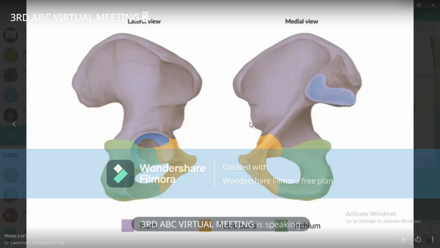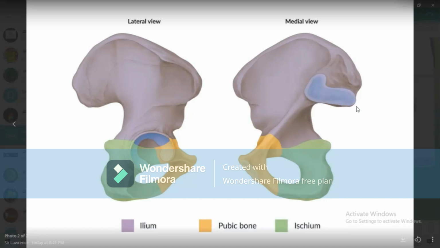Then inferior to the anterior superior iliac spine, you're going to find the anterior inferior iliac spine. Inferior to the posterior superior iliac spine, you're going to find the posterior inferior iliac spine. Alright, so this is the crest. The crest has two lips, as we know, inner and outer.